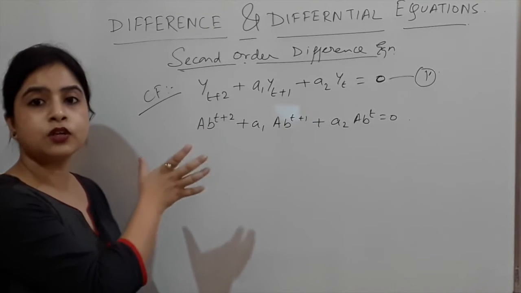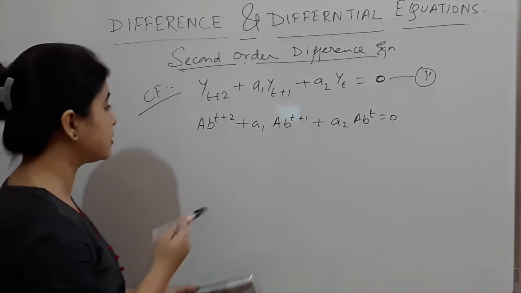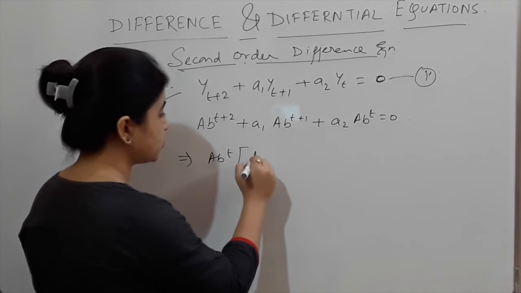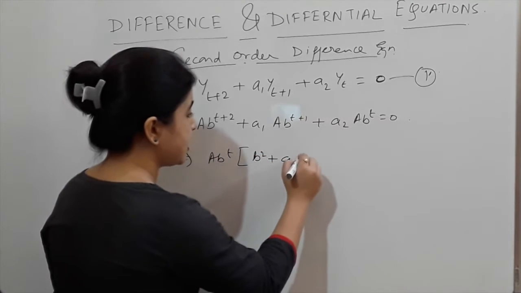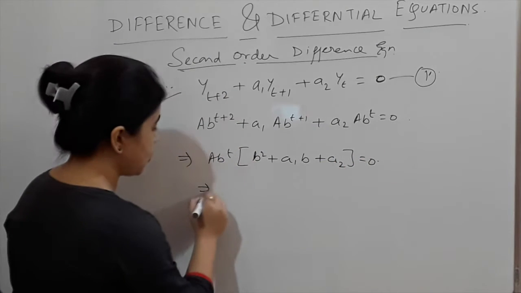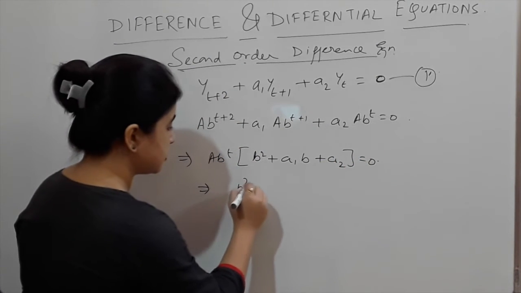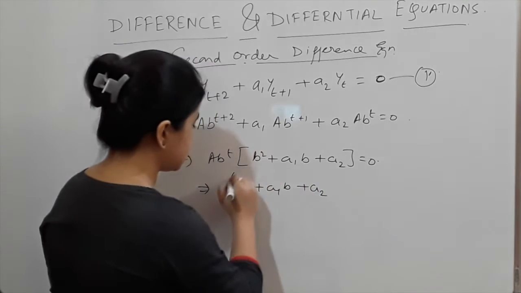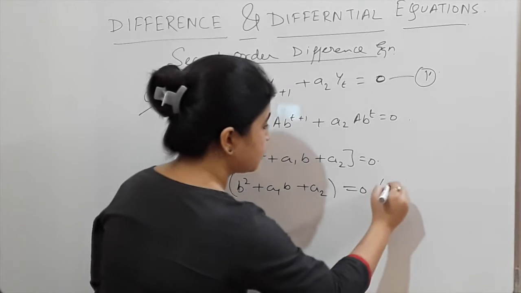This is what we obtain after substituting the values. Again, we need to solve for the value of b, so let's do it. Here we have b square, a1b and a2. So ultimately we have b square plus a1b plus a2, and this is equal to 0.